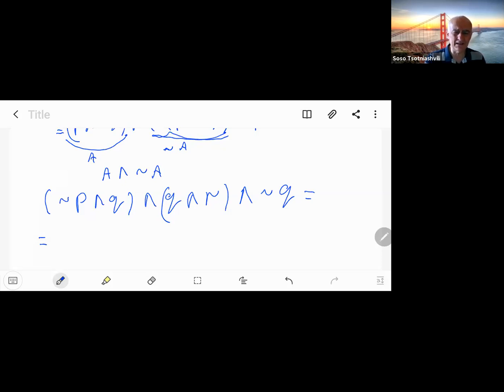In the associative rule, we have the same logical operator, only conjunction in the first associative law and disjunction in the second. As for the distributive law, on the left side we have two different logical operators.